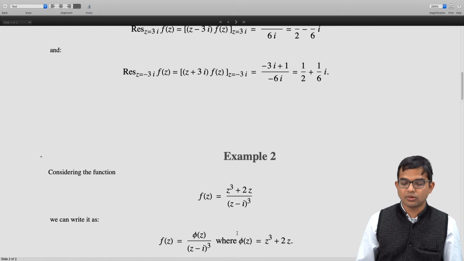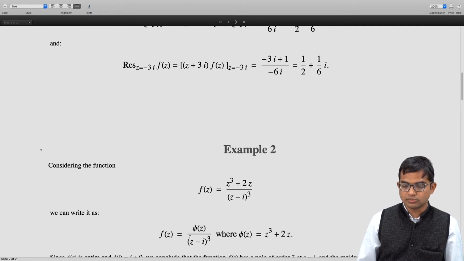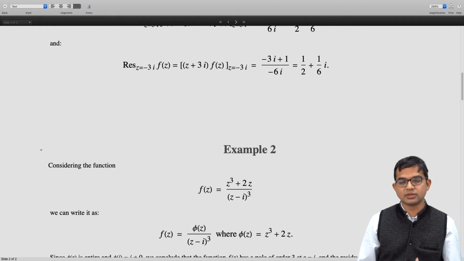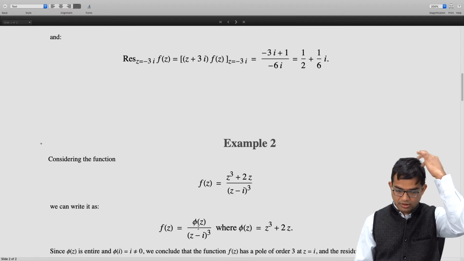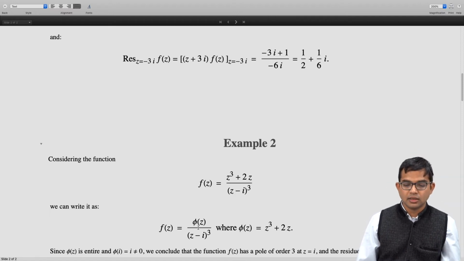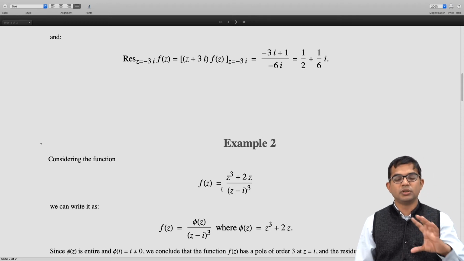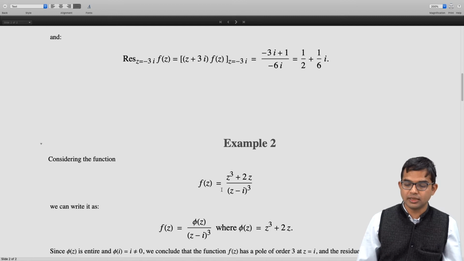In a scenario like this, it's useful to define a function phi of z, so you think of f of z as phi of z divided by z minus i the whole cubed, where phi of z is z cubed plus 2z. It's just a polynomial, so it's entire, and phi of i is non-zero, so it's not of a 0 by 0 form.